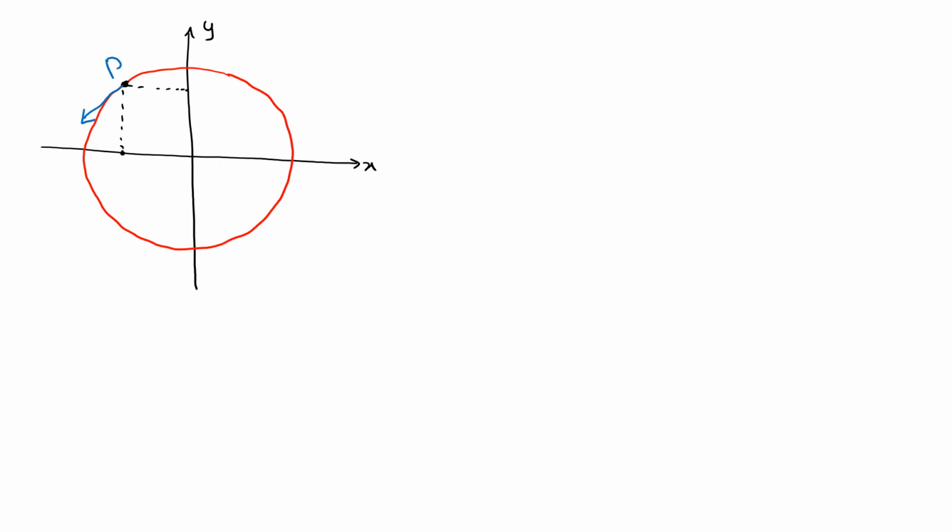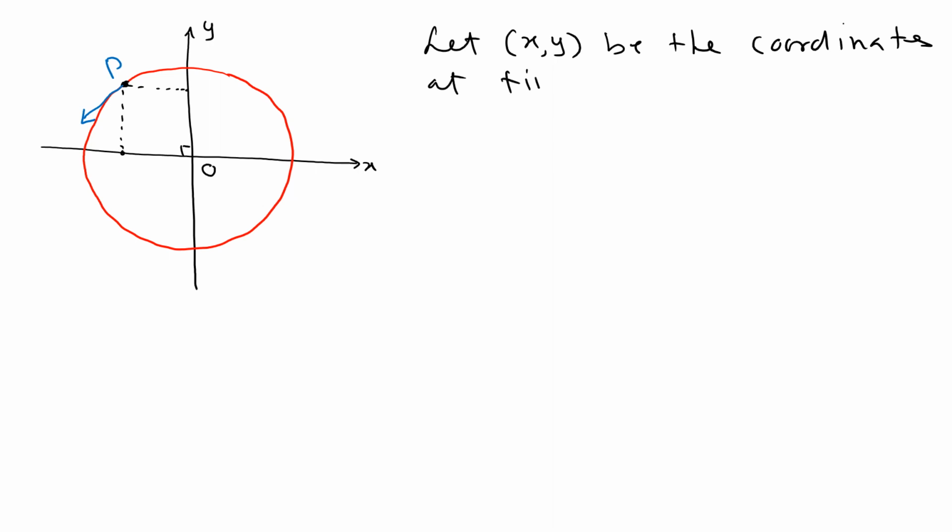That's a particle P. Let's pick some variables now. Let x, y be the coordinates at time t. That's the assumption, and then we can write all the information given.